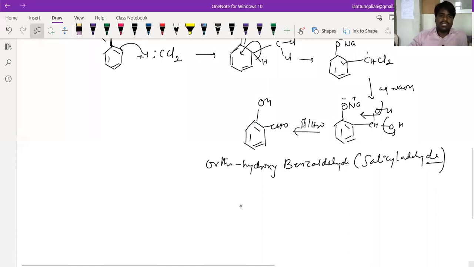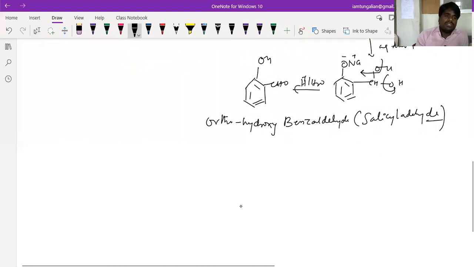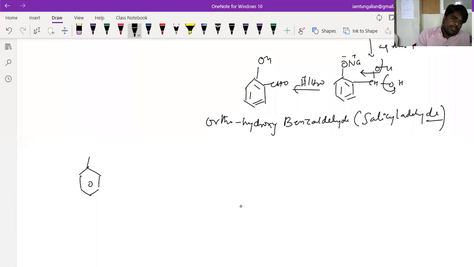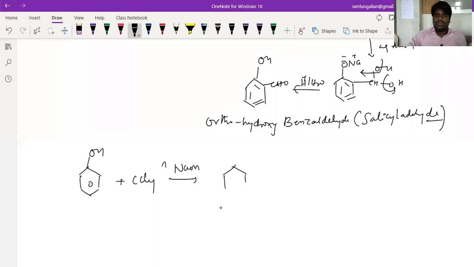One more reaction we have, beta, that I told you. What is that? Phenol on reaction with carbon tetrachloride in presence of either NaOH or KOH will be converted into an intermediate, followed by hydrolysis. Followed by hydrolysis, this will be converted into what, beta?